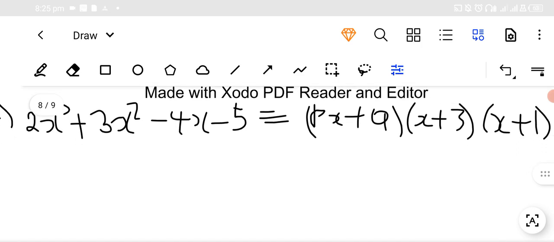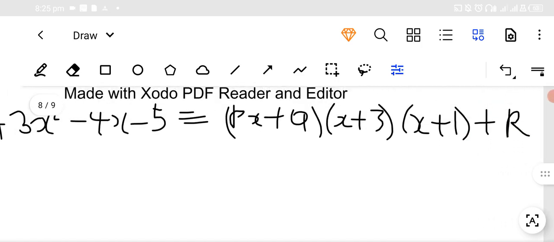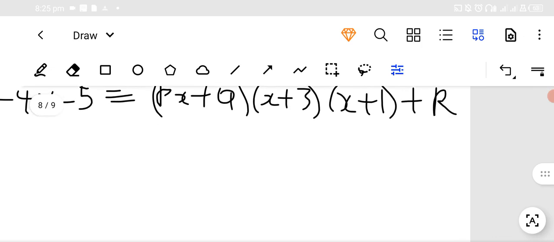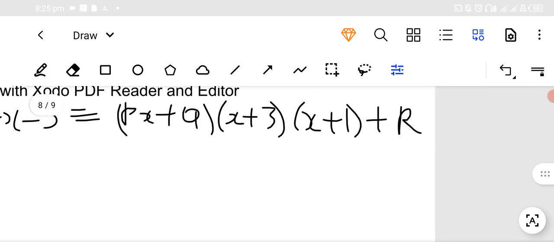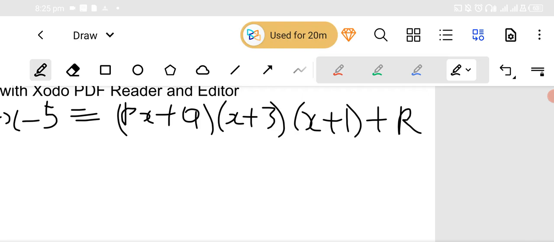What do we do? Let's deal with the right hand side of this identity. Let's start by multiplying this bracket and that bracket, then the answer can multiply by this bracket.